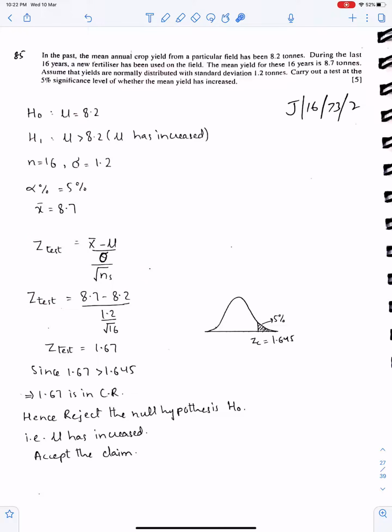Carry out the test at 5% significance whether the mean has increased. So H1 has a greater sign. So this is 1.645 and your Z test is 1.67. This lies in critical region, so you have to reject H naught. You have to accept that mu has increased. Reject H naught, mu has increased, accept the claim.